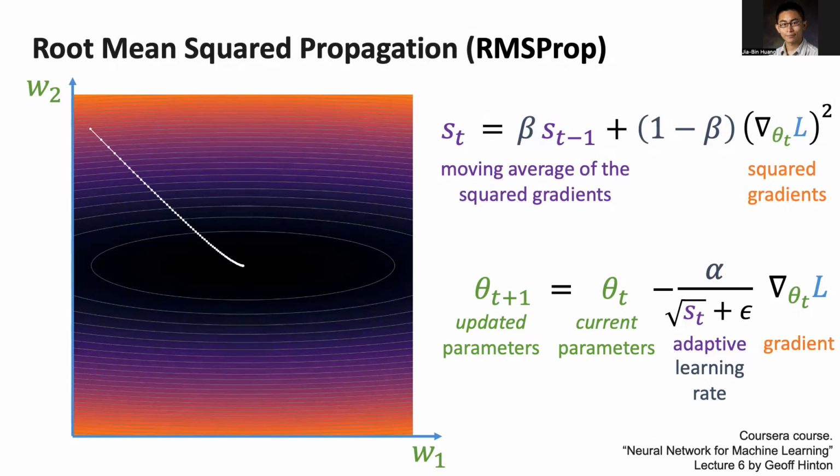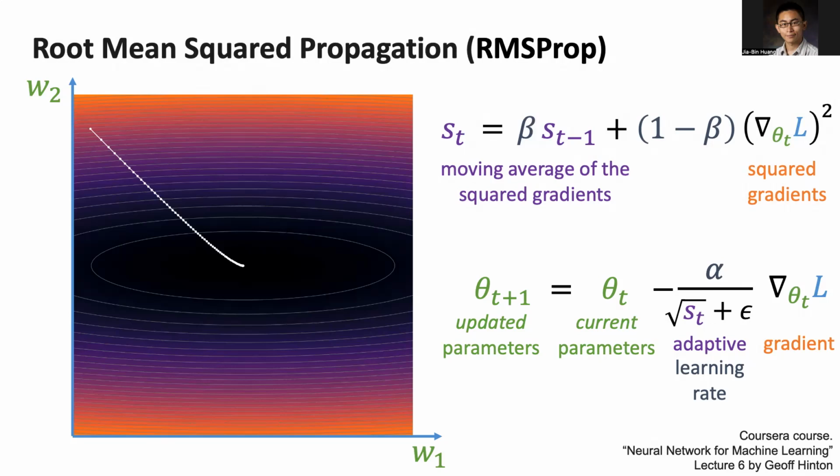All right, so now we have two good ideas, right? The first one is momentum. Basically it says that if I observe the history of the gradient itself, we can use that to update my model.